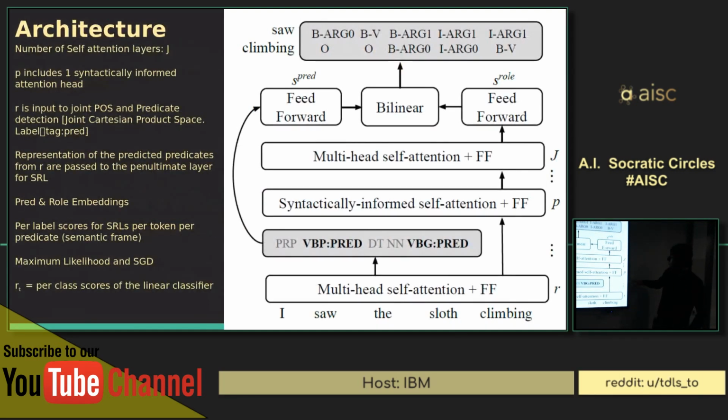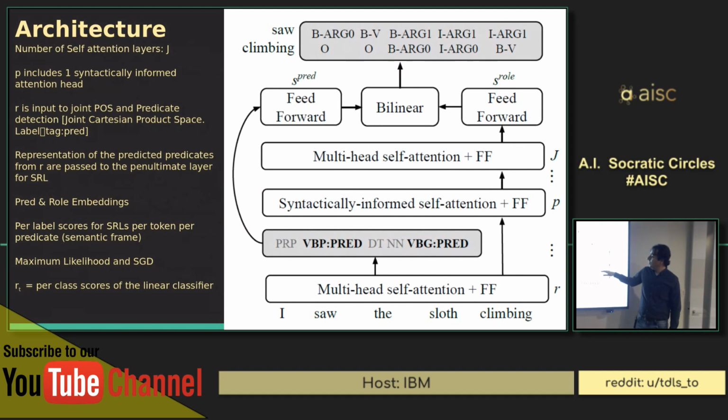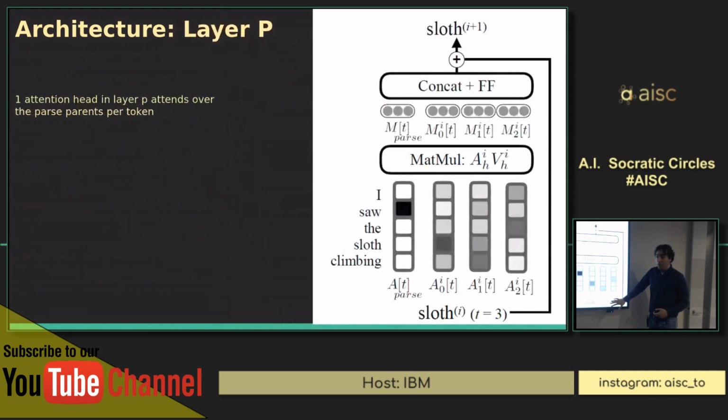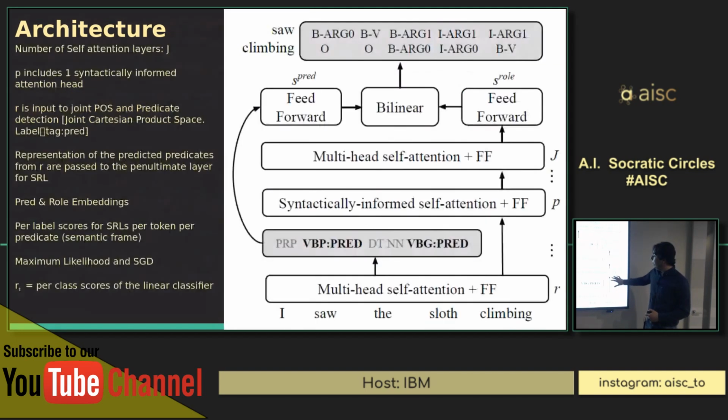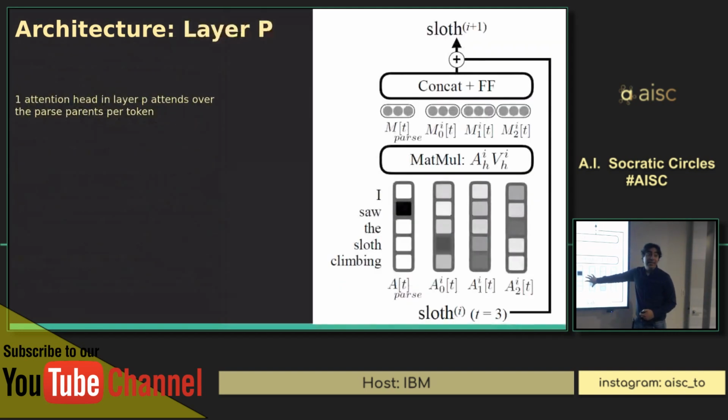Mm-hmm. So if you look at this syntactically informed self-attention layer, and to some extent this one, which I think is the one where they use self-attention to add that modularity, I'm just unwrapping this layer. What's happening is that you can take out one of the attention heads in this layer, which has multiple.